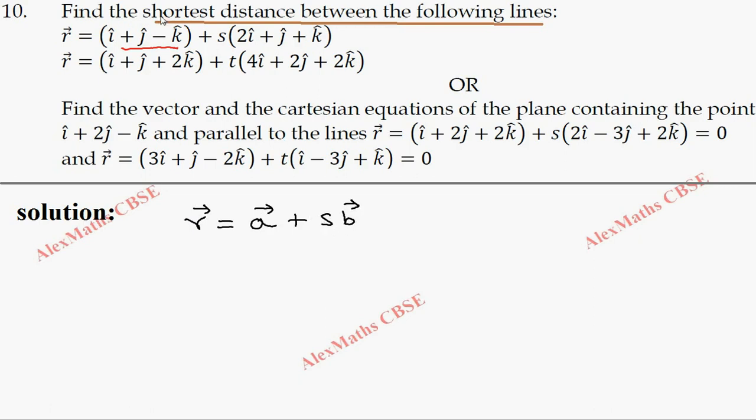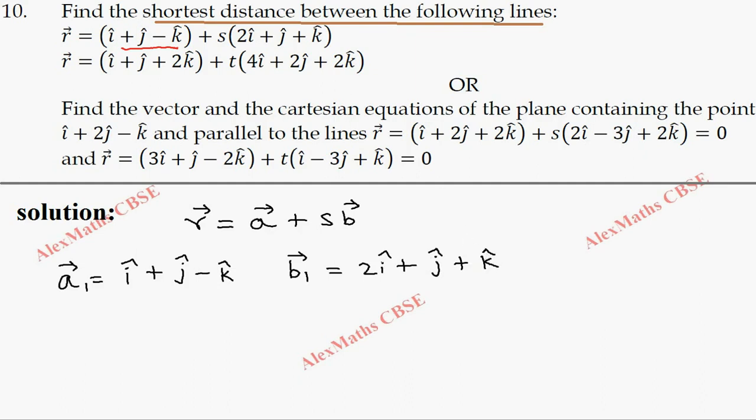Since we have two lines, let's take this as A1 and B1. So we will take A1 as the first part, i cap plus j cap minus k cap, and B1 is the second part, which is 2i cap plus j cap plus k cap.